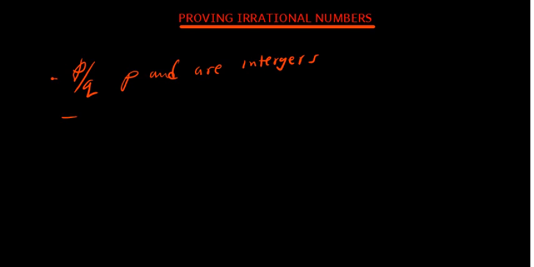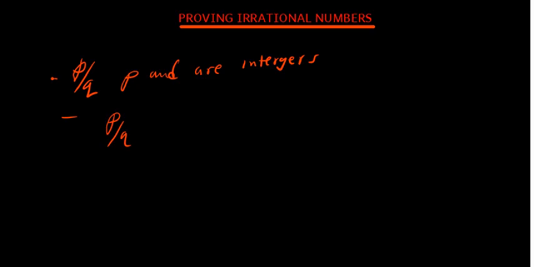Therefore, irrational numbers can't be expressed in the form p over q. So these are any numbers that can't be expressed in this form p over q.